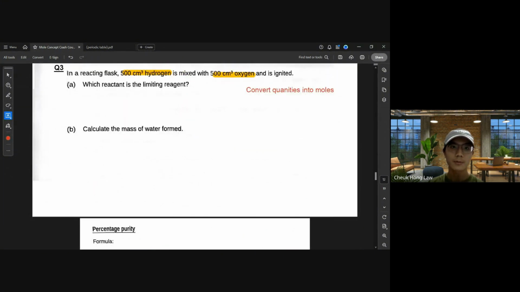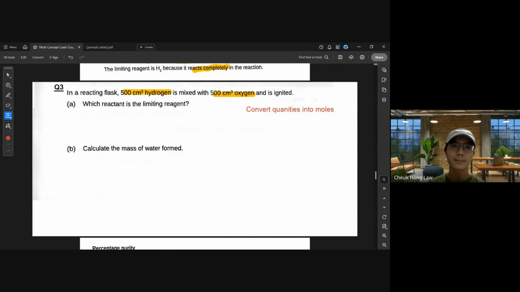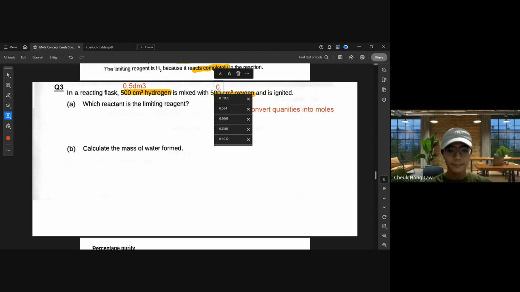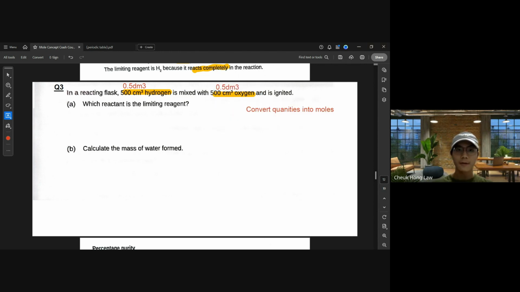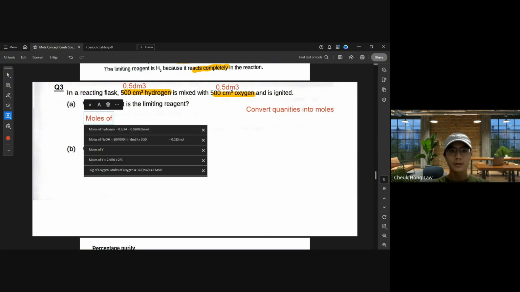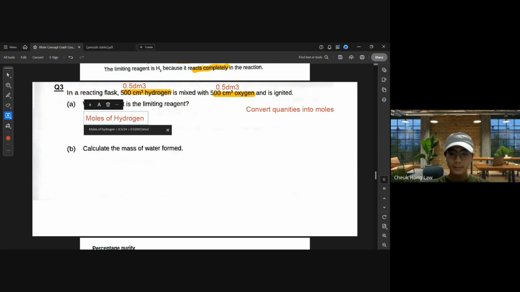So I'm going to change all the cm cube to dm cube by dividing by 1000. 500 divided by 1000 will be 0.5 dm cube, and this one is the same. Now that I've converted, I can find the number of moles. Moles of hydrogen is 0.5 divided by 24, which is 0.020833.